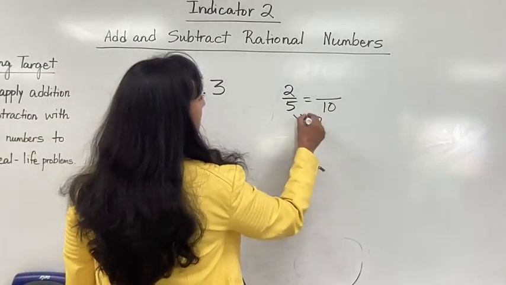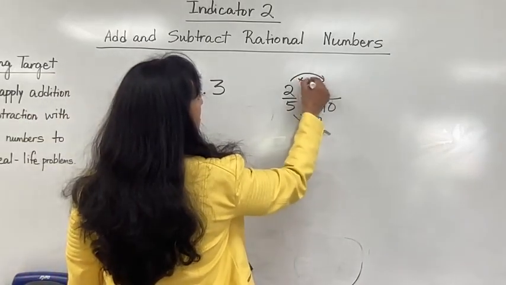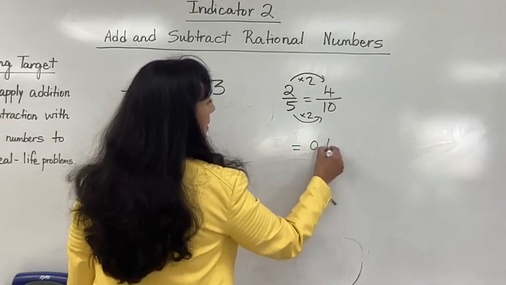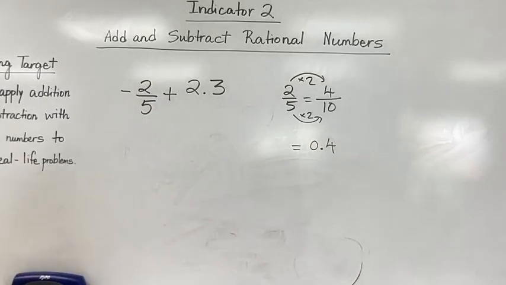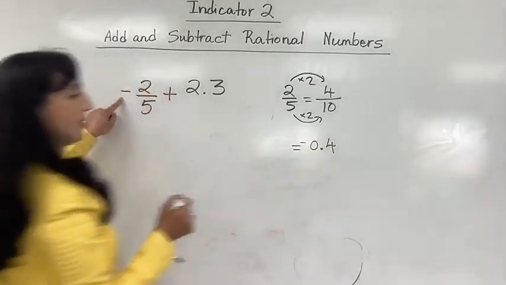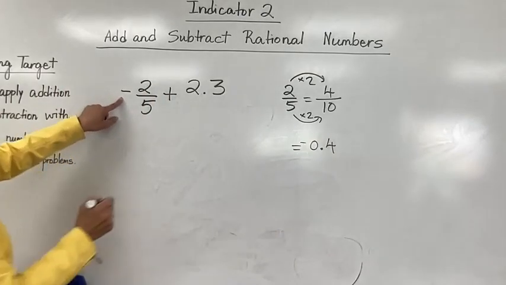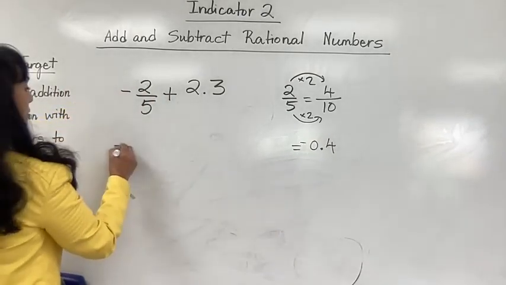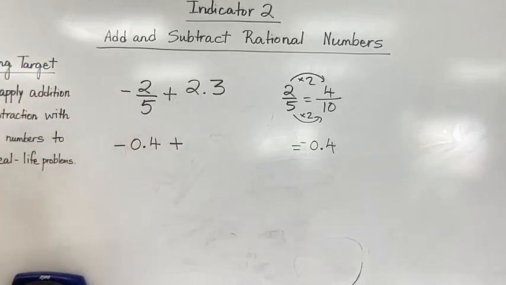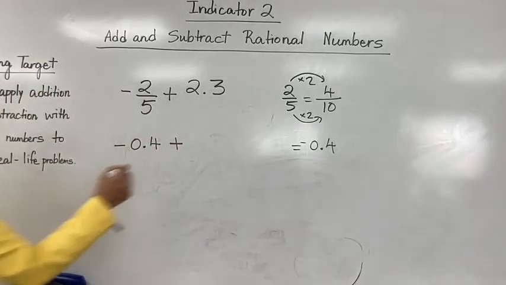So this would be times 2 and times 2, 4/10. So that is going to give me 4/10, and then this has the minus sign, so this would be minus. Okay, so I'm going to convert this to negative 4/10 plus 2 and 3/10.